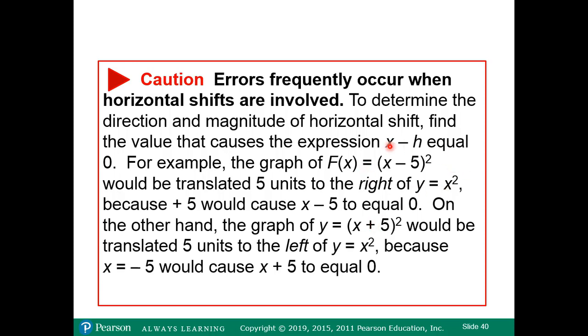Okay, for example, if you have this, you want to find when this is 0. Okay, so this is 0 when x is 5. So this is translated 5 units to the right of y equals x squared, because this is a squared function.